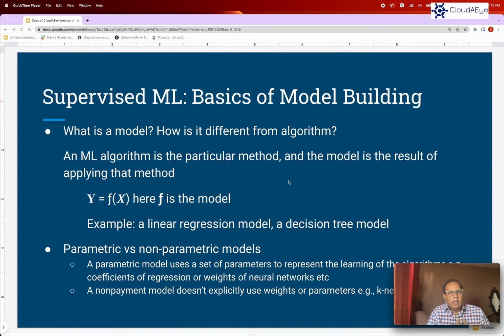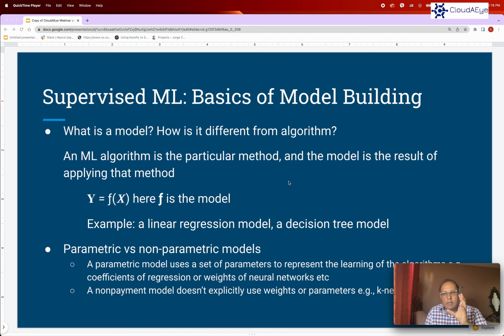what a model means, right? In a machine learning algorithm, we said that there are inputs and output, and we usually represent the output variable y as a function of the input. And that function f is what we call the model, and that model is parameterized by some coefficients or what we call weights in some models.